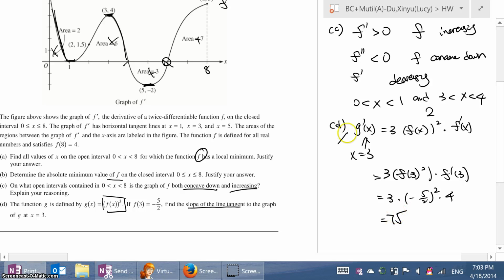We got 2 points for correctly differentiating g(x), and 1 point for the answer.